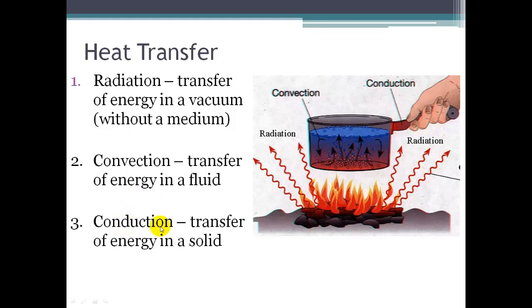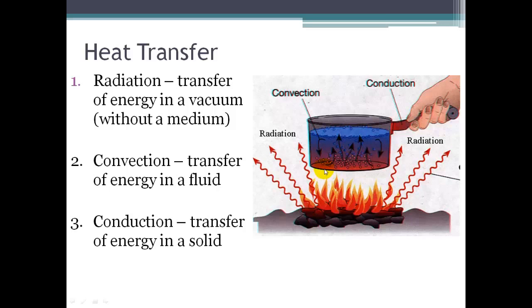We also have conduction, which is the transfer of energy in a solid. In a solid, you can think of the molecules as tightly packed. And conduction is literally the transfer of heat molecule by molecule by molecule. The example in our picture here is the pan that holds the water. The pan itself is made of metal.